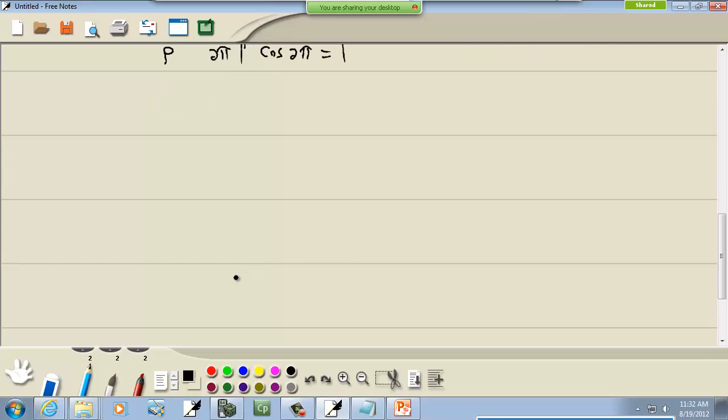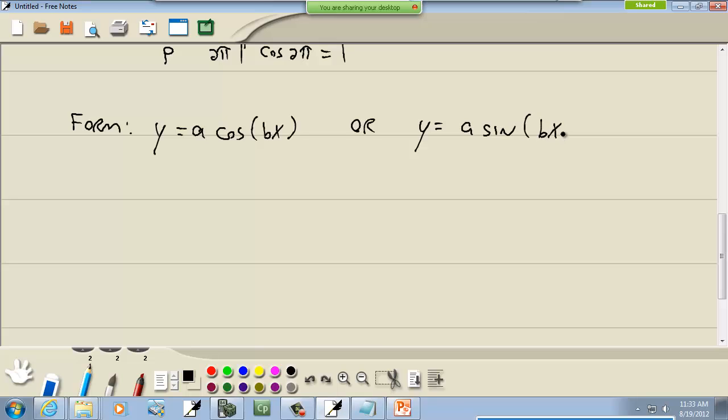Now if you have the form y is equal to a cosine of bx, or y is equal to a sine of bx, where a and b are numbers, then your amplitude refers to how high and how low it goes.